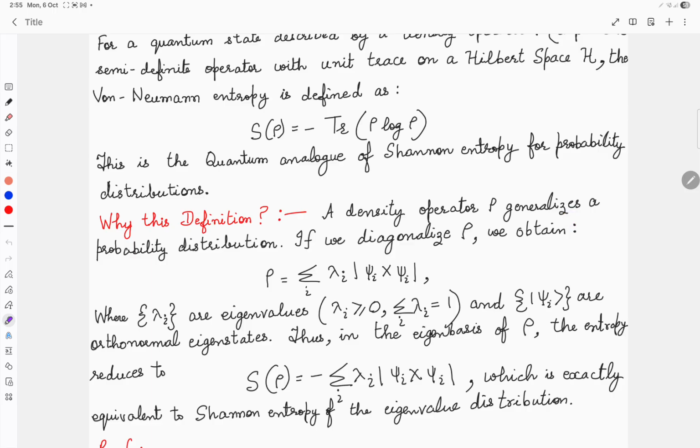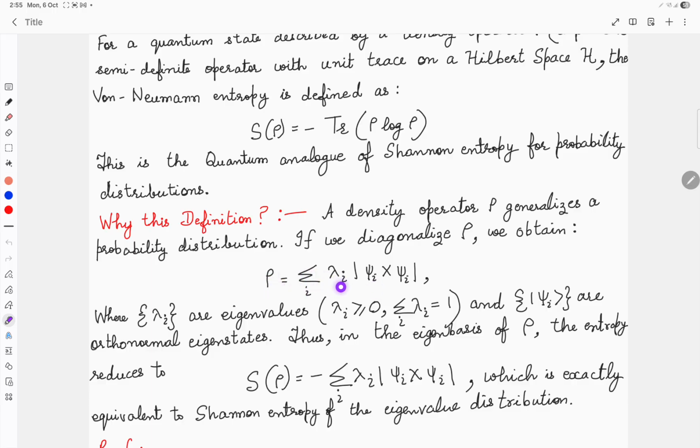Now if we diagonalize this operator, and I will show you how to diagonalize it, we can derive ρ = Σ λ_i |ψ_i⟩⟨ψ_i|, the outer product of ψ_i.